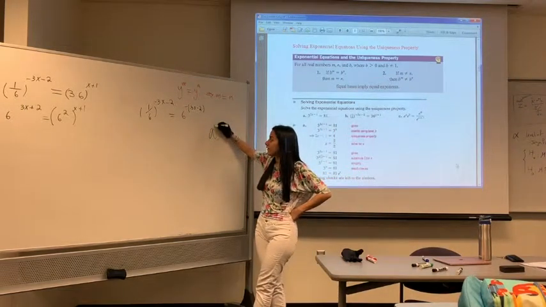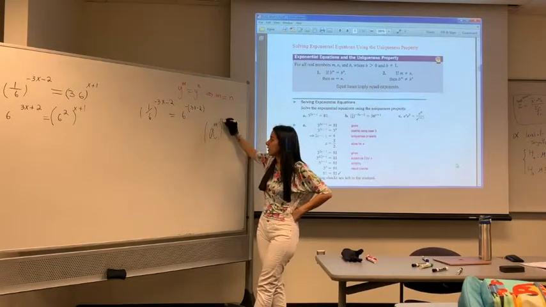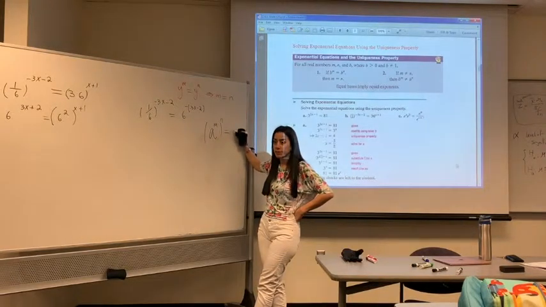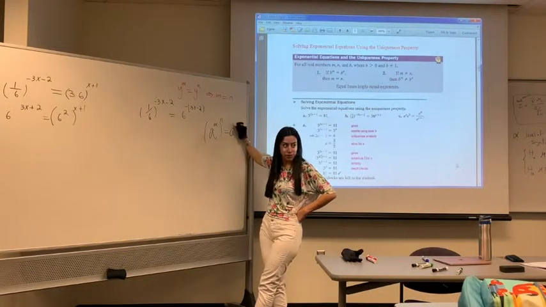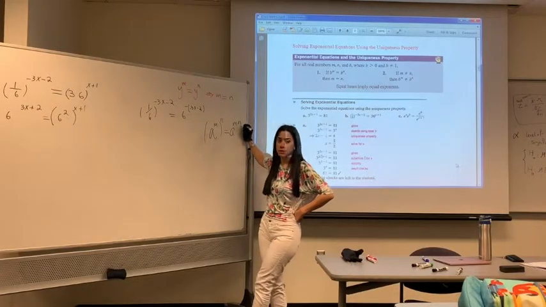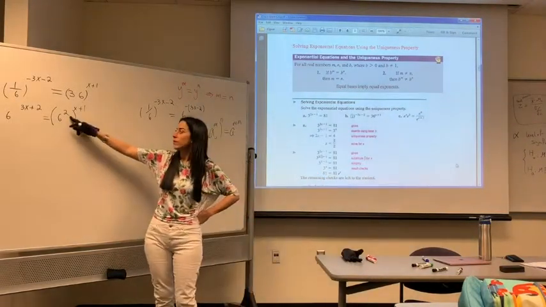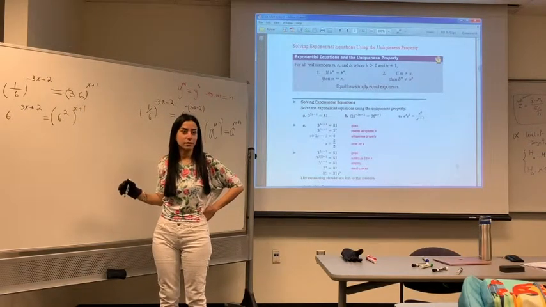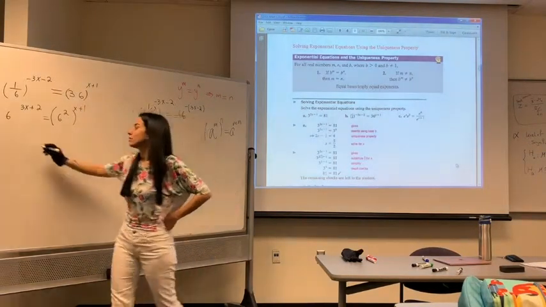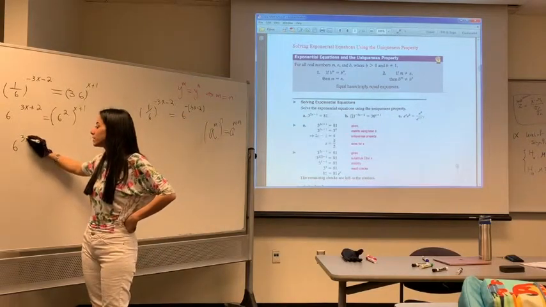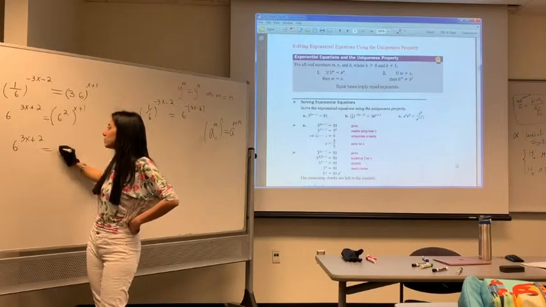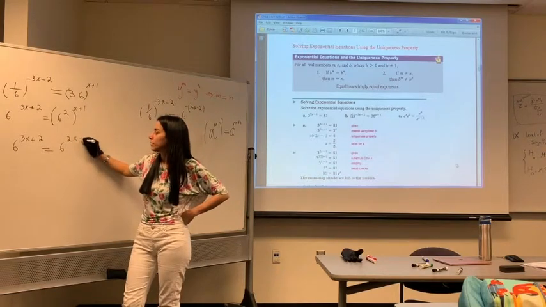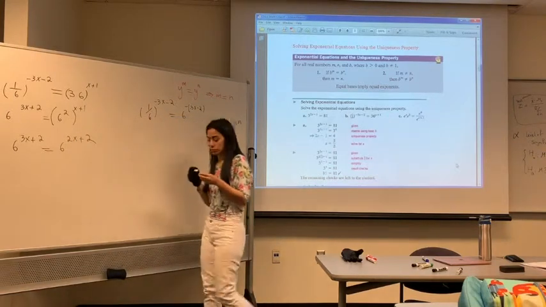And then if I have a power m power n, do you remember what we do? Multiply m and n. Right? Yeah. So use this. You are multiplying 2 to x plus 1. Right? So we'll have 6 power 3x plus 2 is equal to 6 power 2x plus 2.